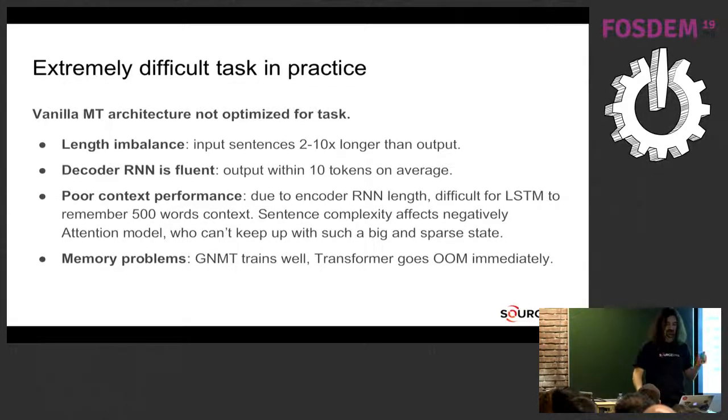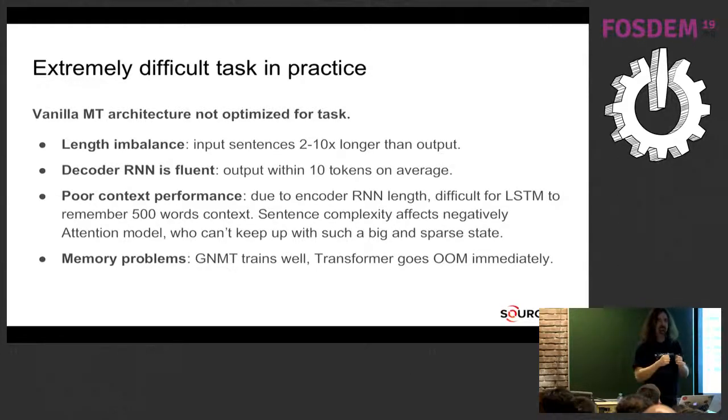And this is what leads to the fact that the decoder is fluent, because the output is always within 10 tokens on average, 10 words. So you actually have a recurrent neural network which unfolds 10 times, and is able to generalize well and to output fluent English. But then you have very poor context performance.